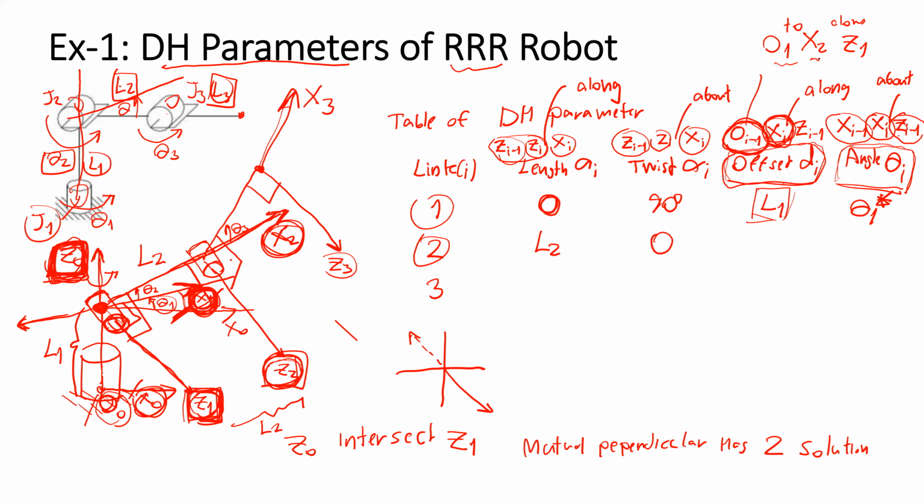So the offset is 0. And the angle of link 2 is the angle between X1 and X2 measured about Z1, which is theta2.